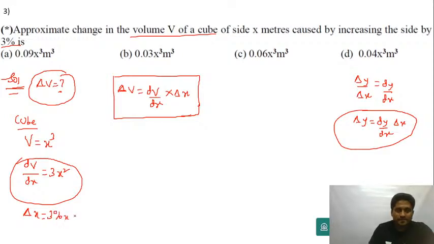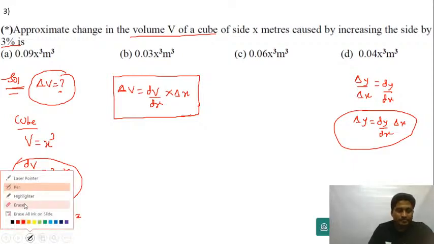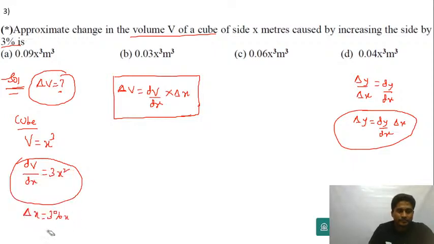3% of x is equal to 3 by 100 of x. Let me substitute here. So delta v is equal to dv by dx, which is 3x square, into delta x, which is 3 by 100 of x.